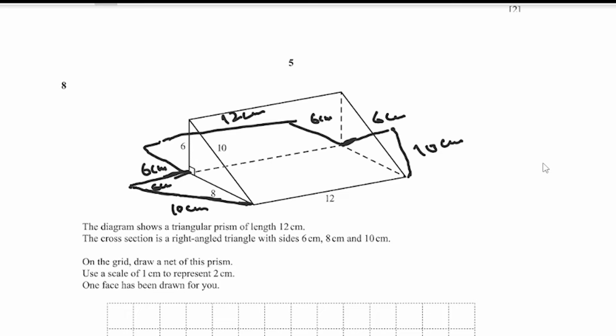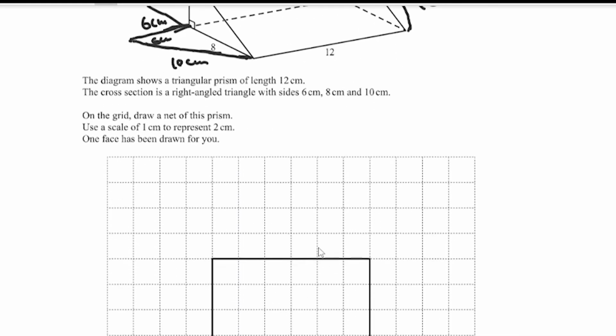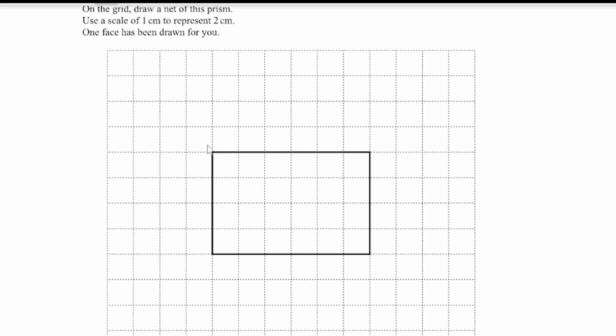If I draw this on the grid here, I will need 3 centimeter for the 6 units, because 1 centimeter shows 2 units. So 3 centimeter will show 6 units. Here, I think I need a different color.